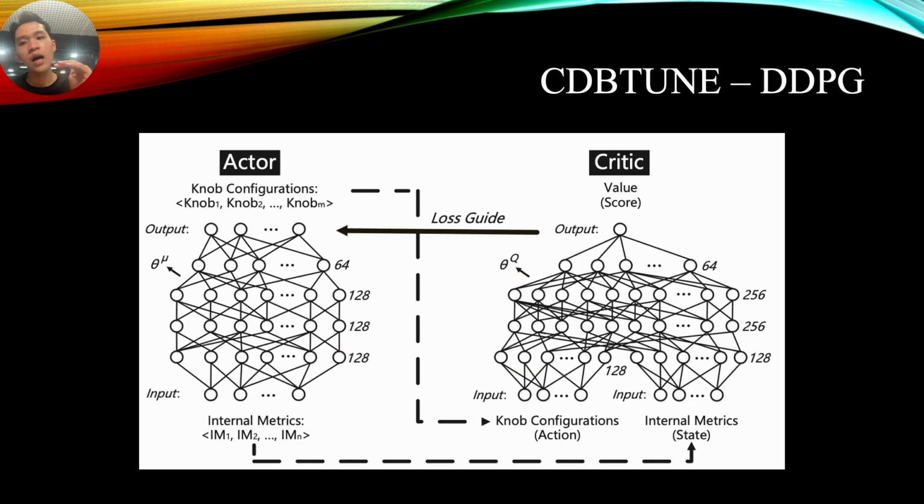Having a look at the algorithm here, the deep deterministic policy gradient is applied in the CDB tool. Like most other policy gradients, it has a parameterized actor function and a critic function. The critic will guide and direct the learning process of the actor by evaluating the knob settings produced by the actor concerning the current cloud database instance.